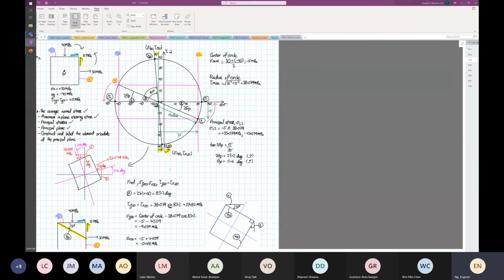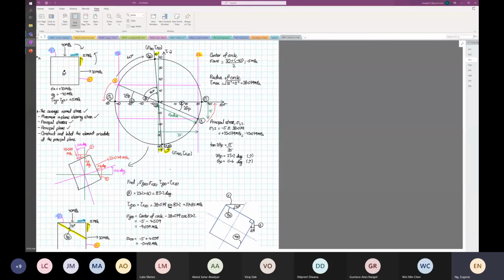Y rotates clockwise, this is 60 degrees on the Mohr circle, to Y30, which on the element is 30 degrees.